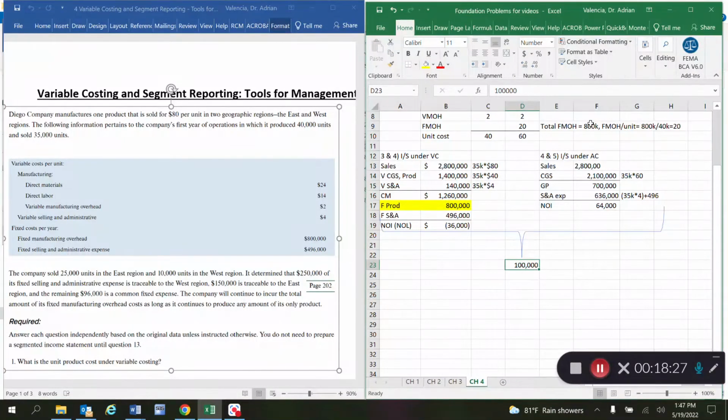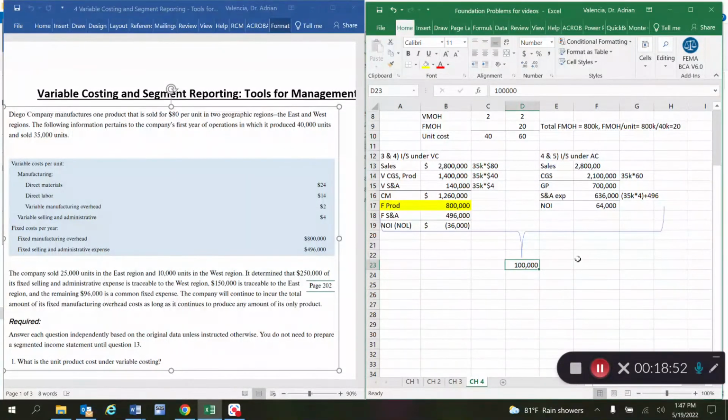But if you do absorption costing, not all of the $800,000 is in here. Part of it, 100,000, is in inventory, because if each one of those items gets $20 per unit of fixed manufacturing overhead, and we have 5,000 of them in inventory, then 5,000 times 20 is your $100,000. And we'll do the math in a little bit more detail so you can see.